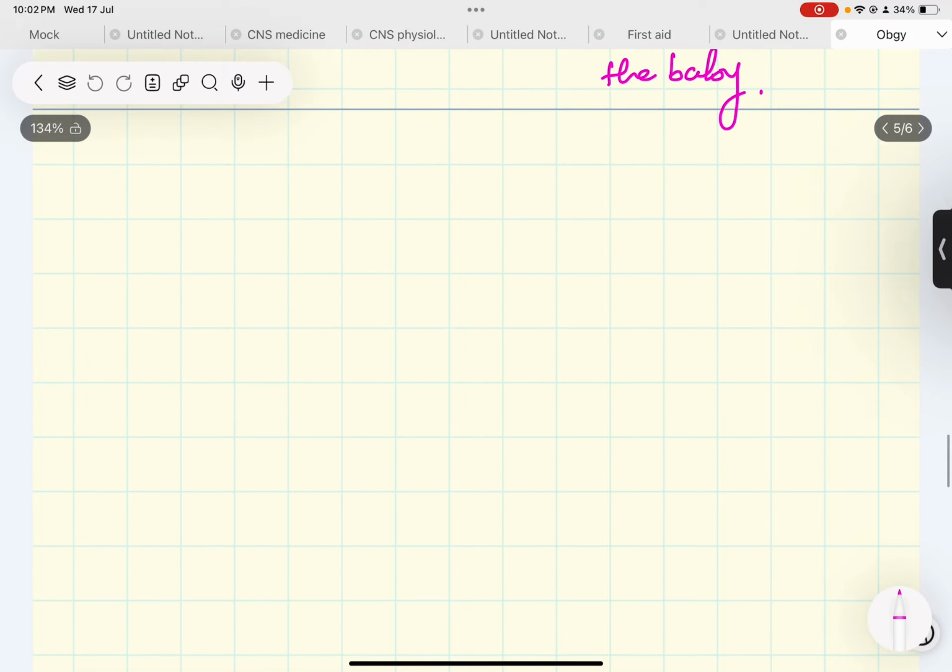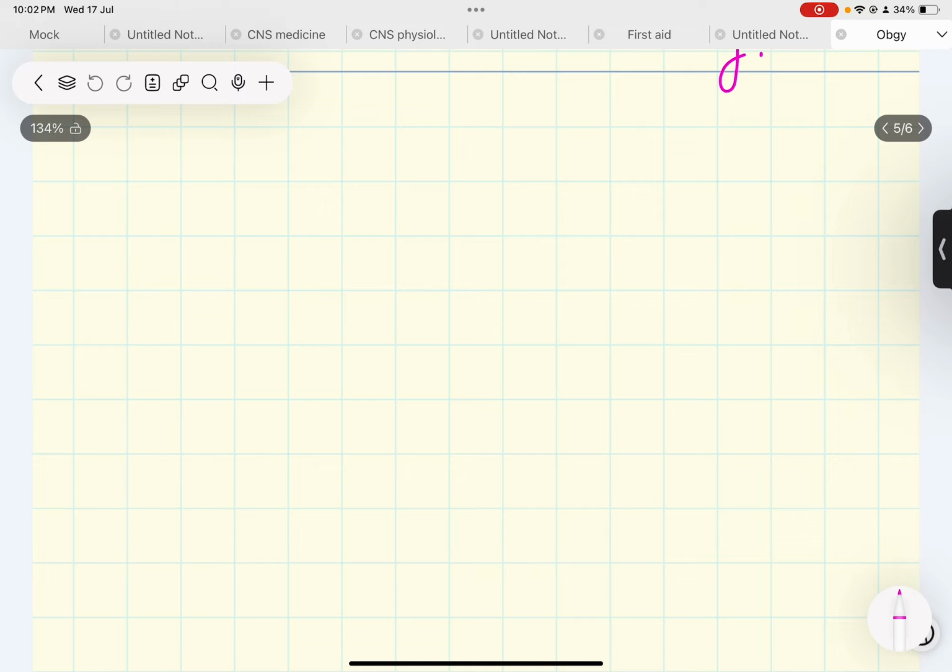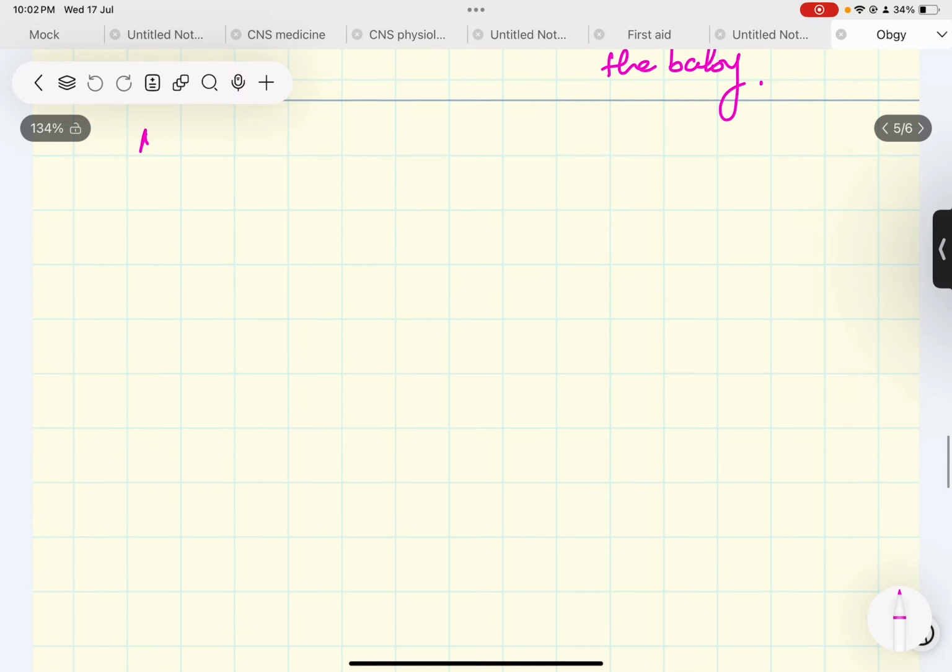So we are going to make this table. First the attitude, then we have to see the presenting part and the diameter that is engaging.